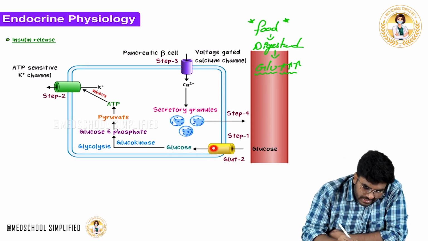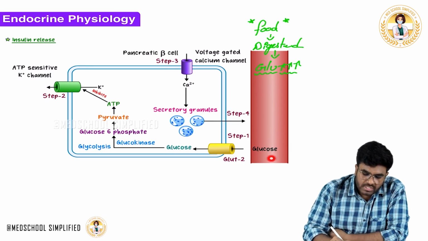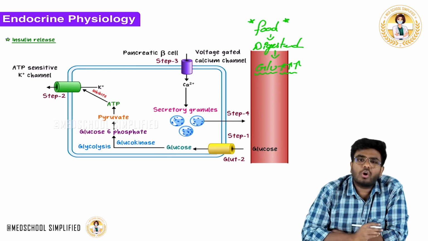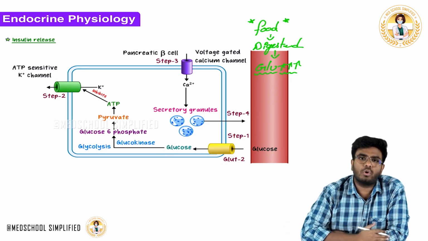This is an example of facilitated diffusion. Via facilitated diffusion, glucose is moving from high concentration, meaning in the blood there is more glucose present, to low concentration. In the beta cell, less glucose is there.